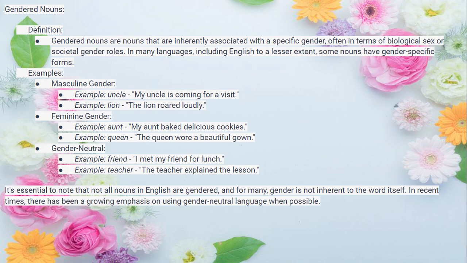Friend. I met my friend for lunch. Teacher. The teacher explained the lesson. Those are gender neutral. It's essential to note that not all nouns in English are gendered, and for many, gender is not inherent to the word itself. In recent times, there has been a growing emphasis on using gender neutral language when possible.